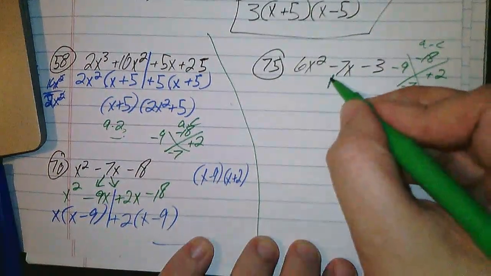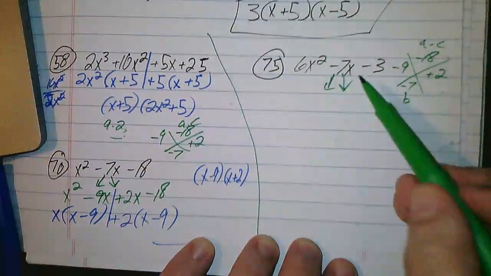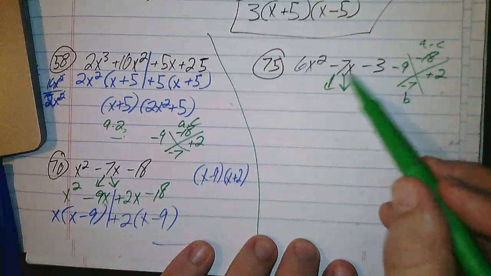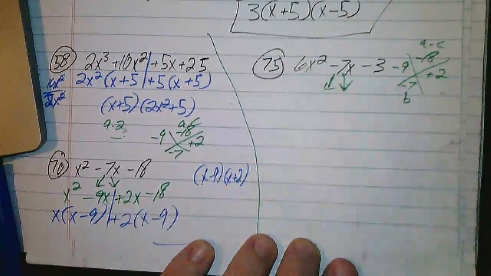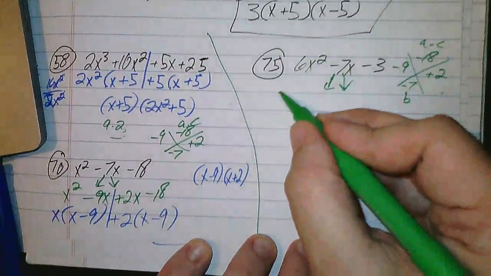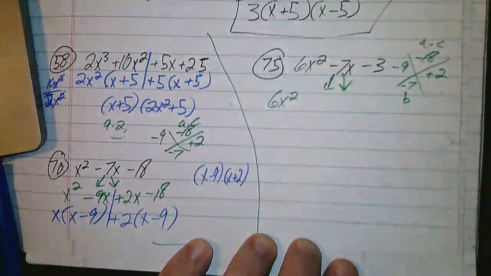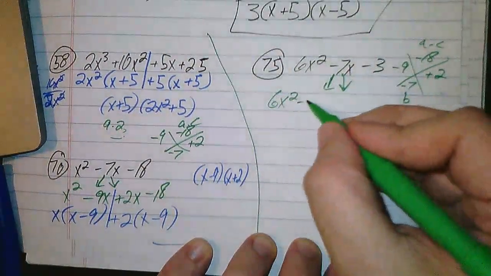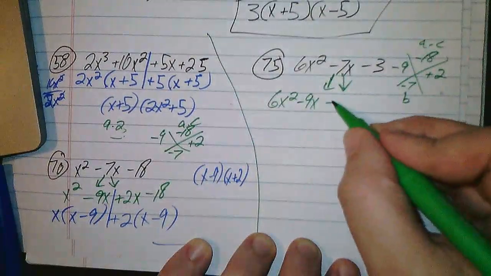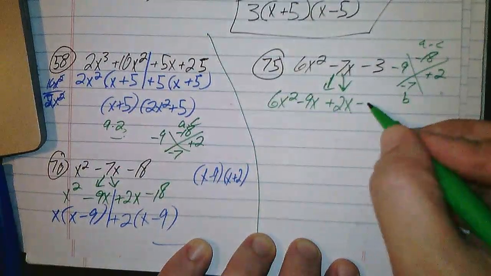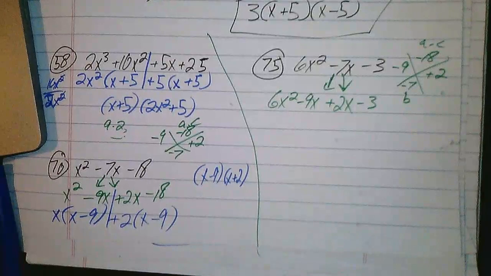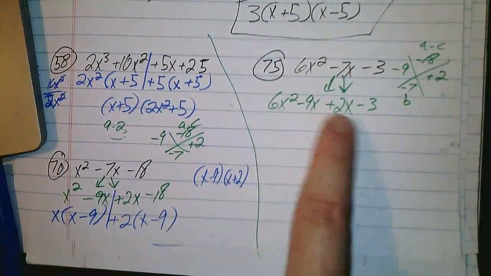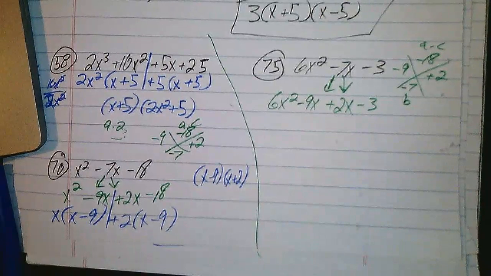So again, if we're factoring a trinomial where a is greater than 1, we're going to have to split the middle term. So we get a negative 9x plus 2x, bring down the minus 3. You'll get the same thing if you switch these two terms.